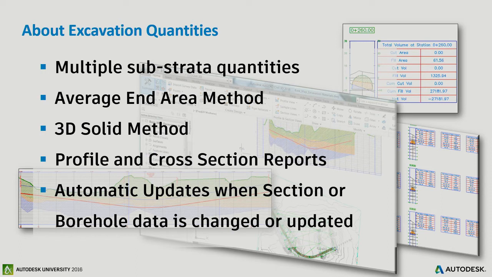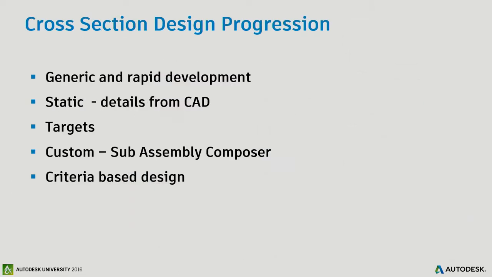And then, of course, you saw the automatic updates, and also this works if, when the serious geotechnical engineers supply me with more data, guess what's going to happen to my model? It's going to update. Guess what's going to happen to my volumes? They're going to update. I would have to generate another solid to get that.